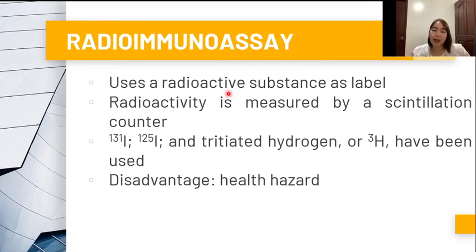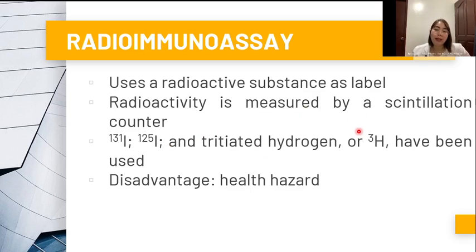So we use radioactive substances as our label, and because our labels are radioisotopes, if there is binding, or an antigen antibody complex, there will be an increase in radioactivity. So radioactivity means that there is a specific binding, and this can be measured using a scintillation counter.